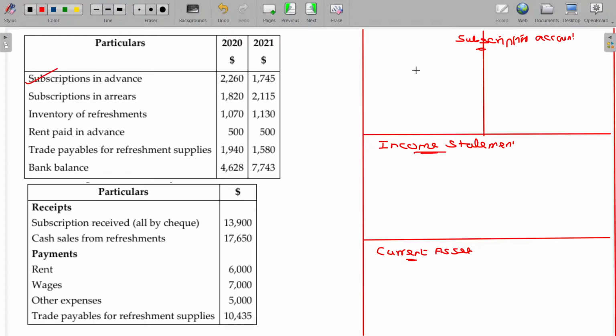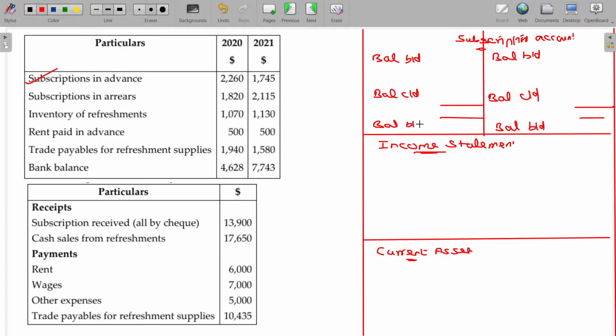Subscription in advance, in this case how can we write? Balance brought down, balance carried down. Finish the format first, and bank and cash.